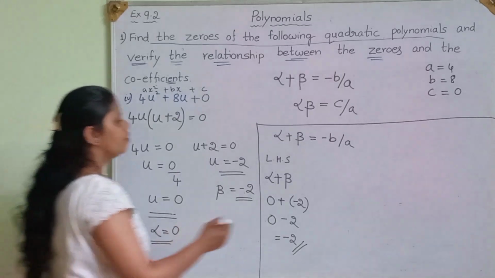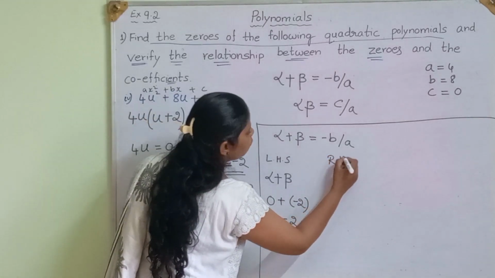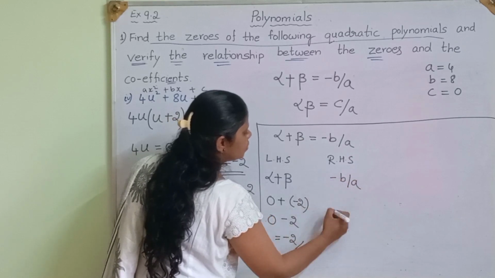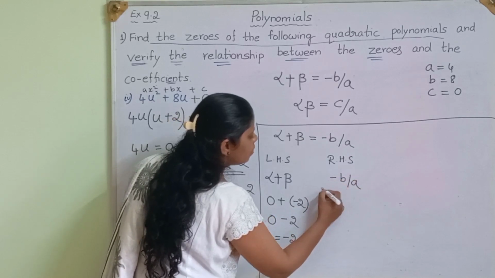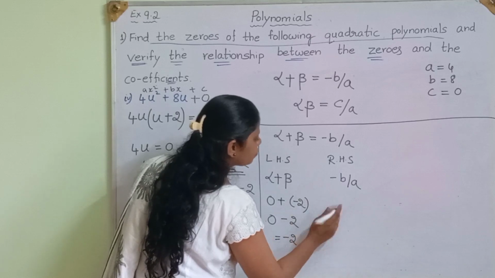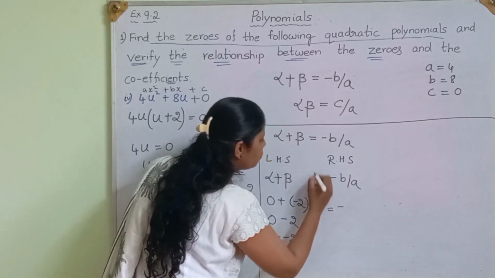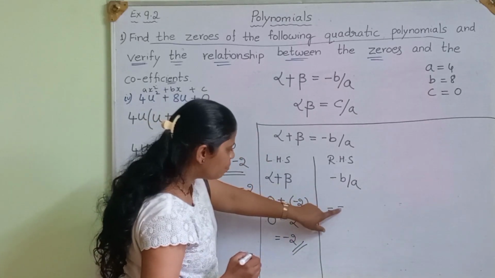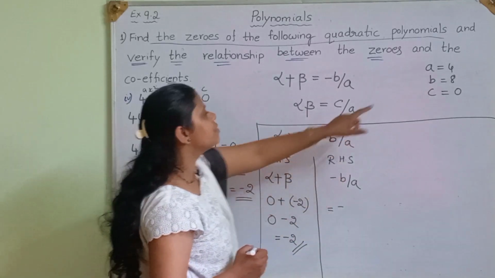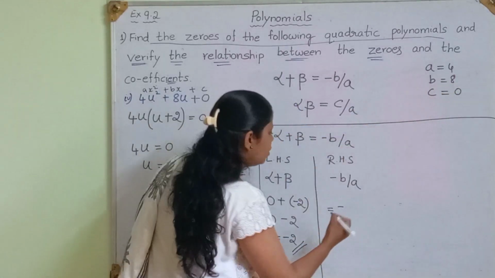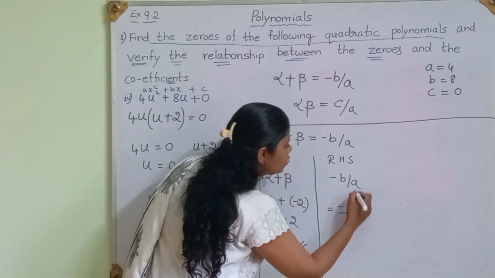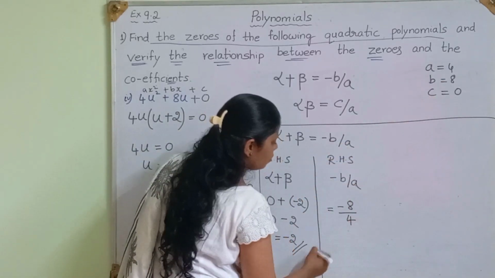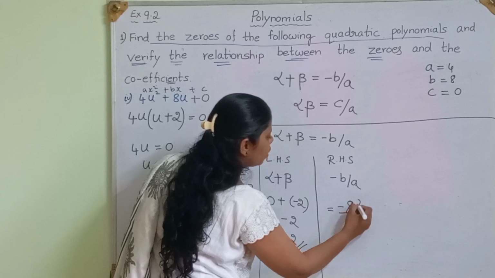Okay. Then the RHS. What is our RHS? That is -b/a. For this minus symbol, I am writing minus. Don't get confused here. The value of b is 8, divided by a, the value of a is 4. 4 ones are 4, 4 twos are 8.